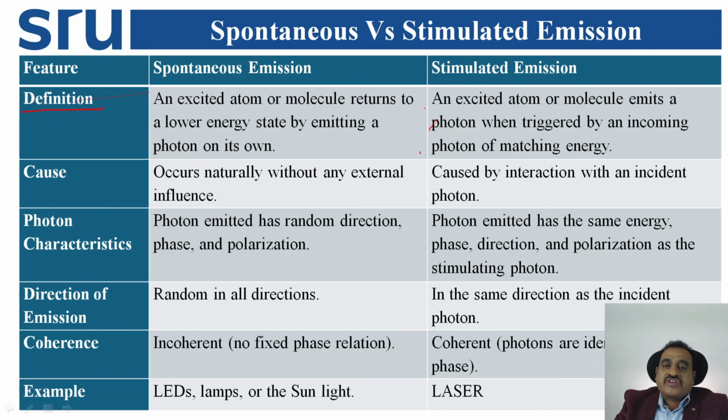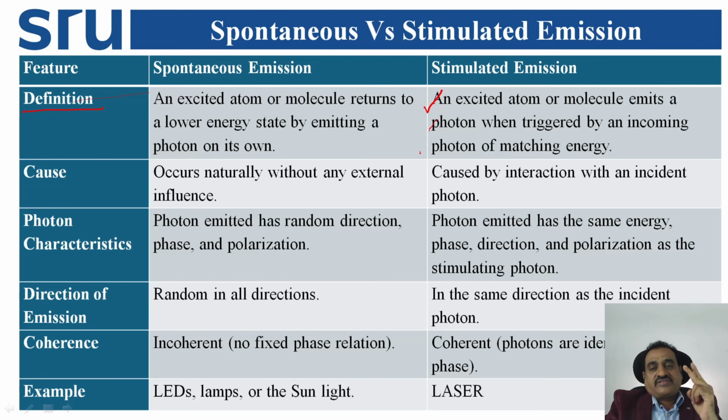Coming to the stimulated emission of radiation definition. Before 10 to the power minus 8 seconds, if a photon of energy E2 minus E1 equal to h nu is incident on the excited state atom, the excited state atom absorbs all the photon energy and stimulates the transition to the lower energy state.